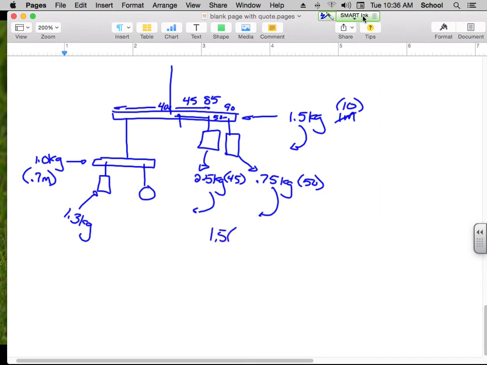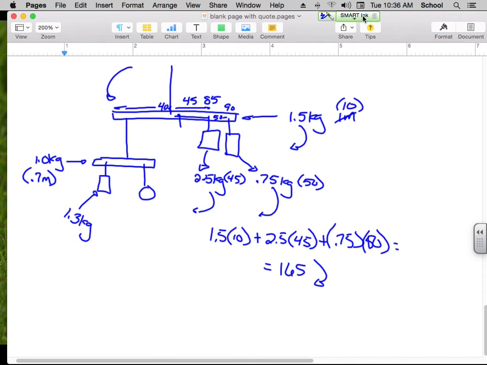So 1.5 times 10 plus 2.5 times 45 plus 0.75 times 50 equals... that gives us 165 as a total torque clockwise, which means my total torque going this way must also be 165.